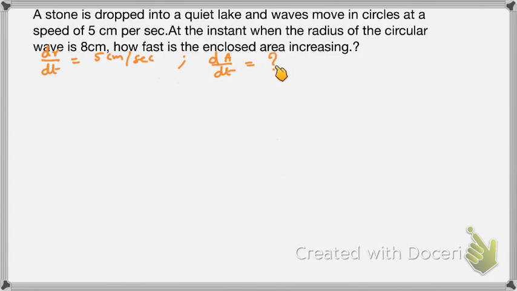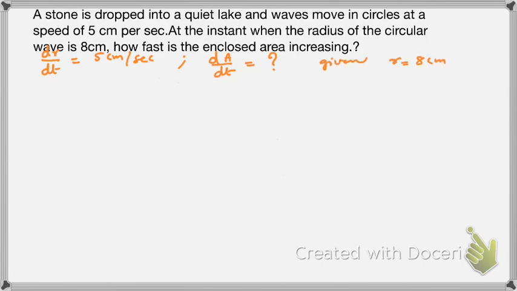That's what we are looking for, so we put it as question mark. dr by dt is given to us, dA by dt is to be found. So we try to find a relation connecting A and r.